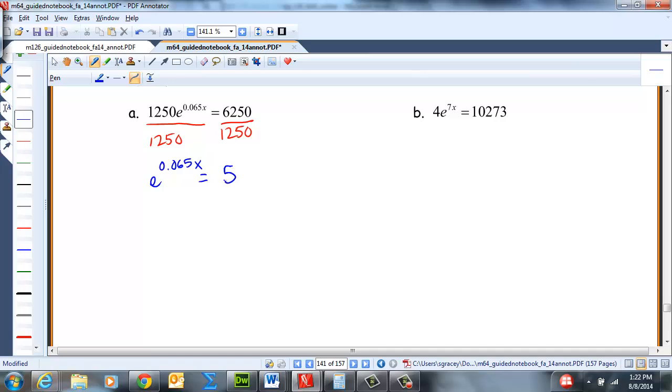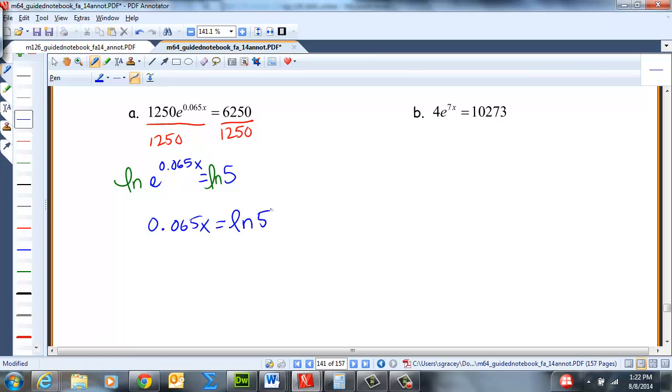So this is 5. Now we evaluate the natural log of both sides of the equation. When you evaluate the natural log of the natural exponential, you get what was in the power. It comes down.